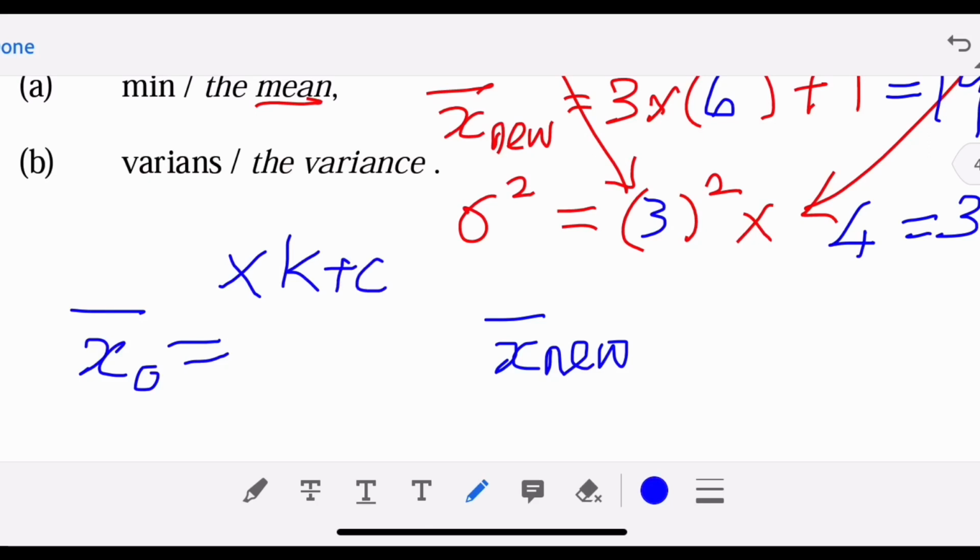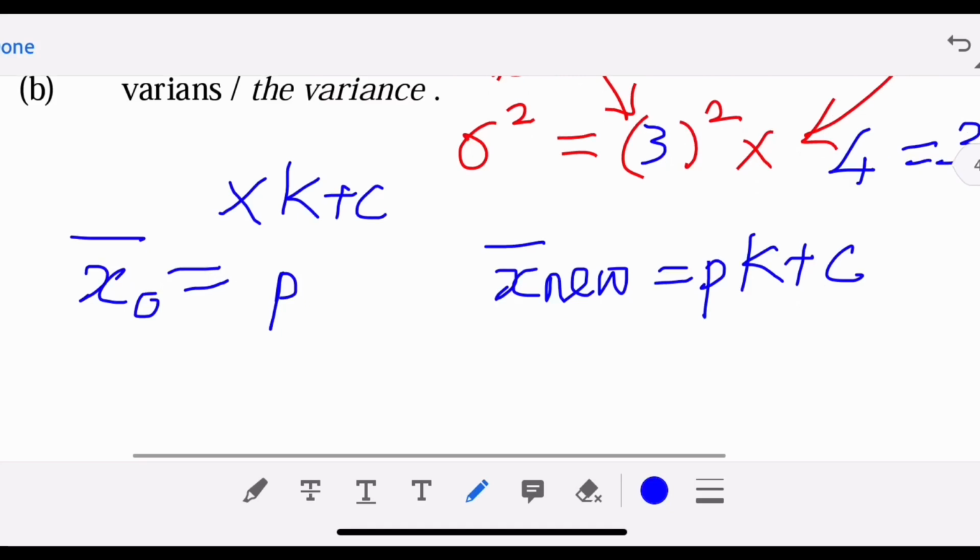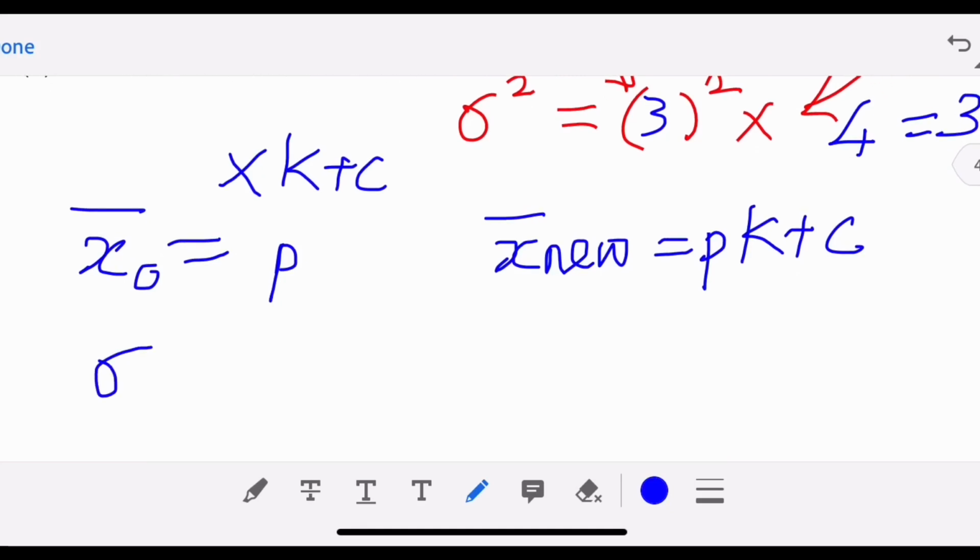Now I'm going to go through the shortcut with you again so that you won't forget. Let's start with the original one, which I label as O. That means the original mean is P. So the new mean, if you times with a K plus a C, or plus or minus, will follow.